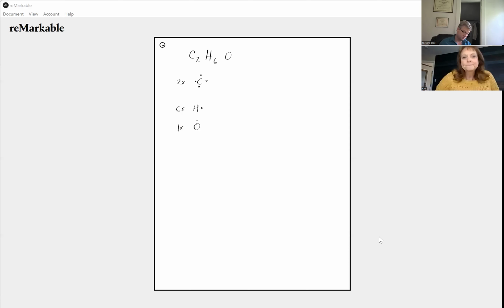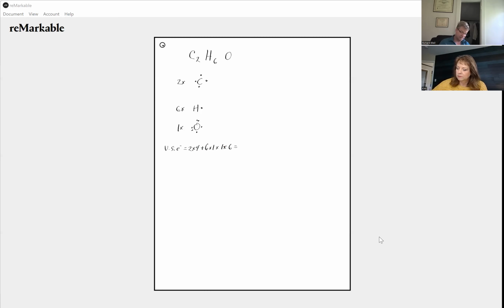Oxygen has 6 valence shell electrons. So how many valence shell electrons total? Well, we have 2 carbons, 6 hydrogens, and 1 oxygen.